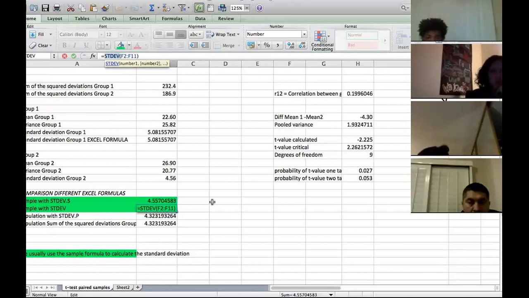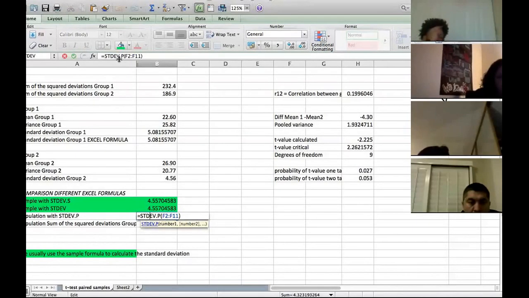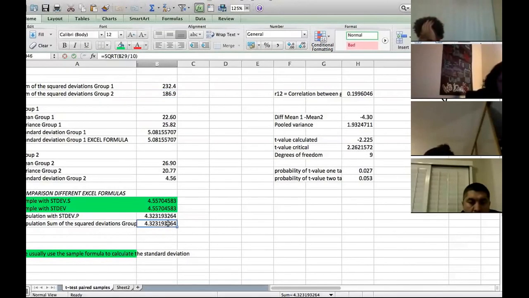So in statistics, we want to use the inferential formula, which is this. And then you can see here STDEV.P, this formula. Here we actually use the divided by n formula. Why would we do that if we want the population standard deviation?